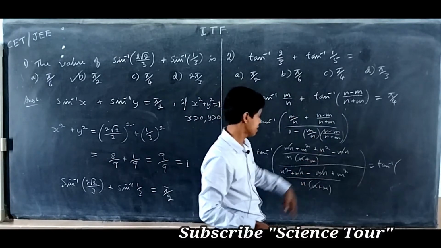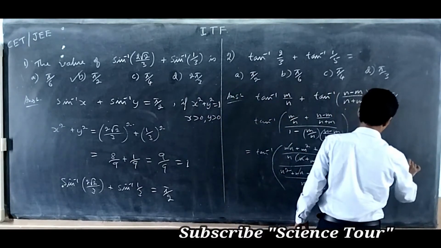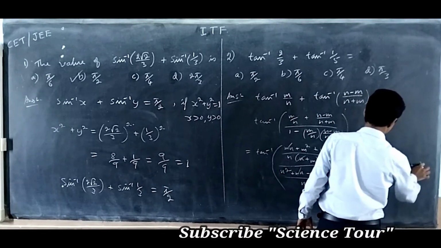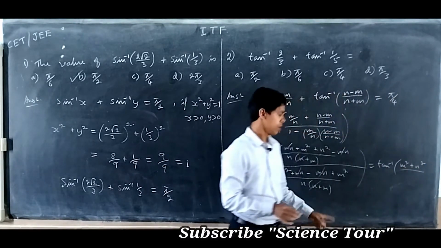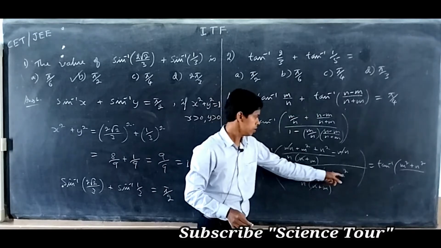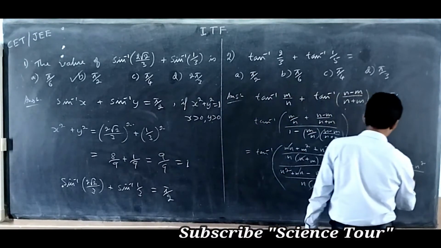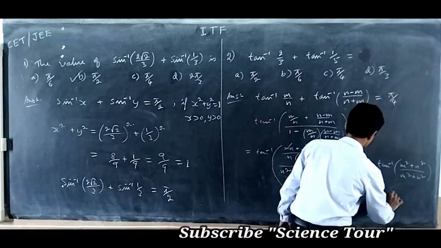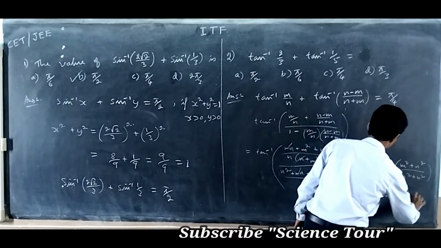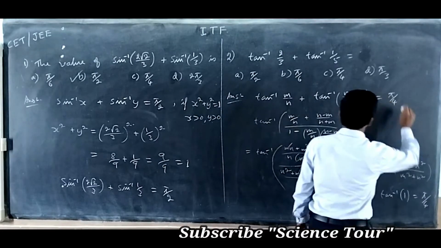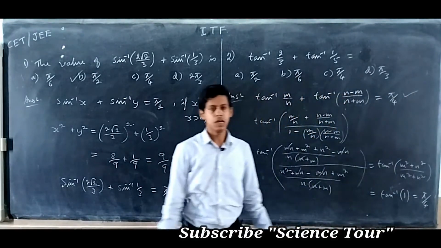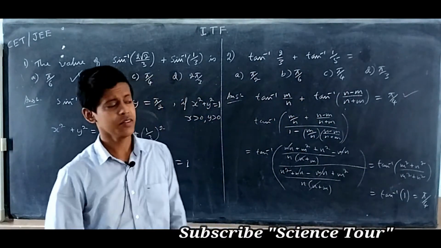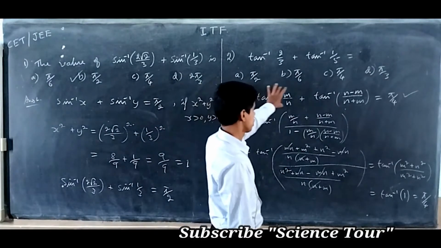So m square plus n square divided by n square plus m square, which is the same. So what did we get? Tan inverse of 1, and how much is that? Pi by 4. So therefore pi by 4 will be the answer if you have anything of this sort.